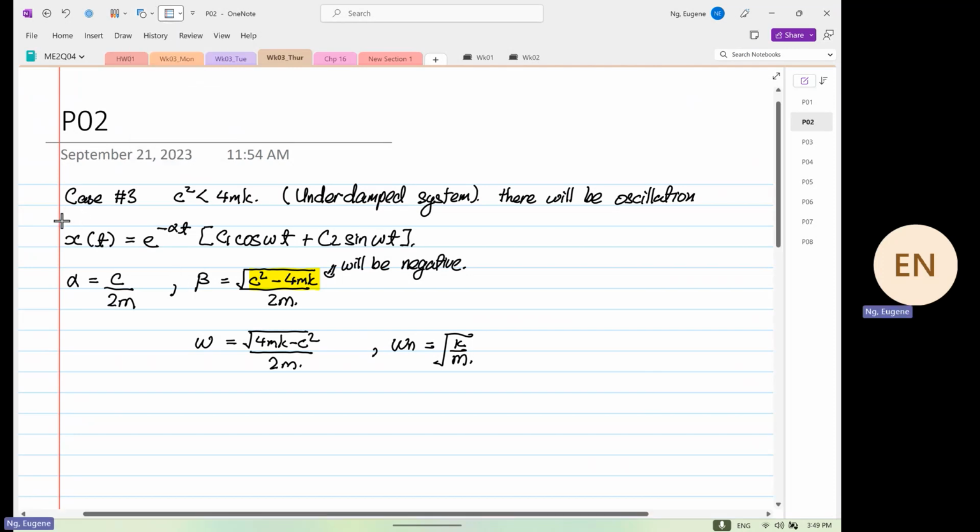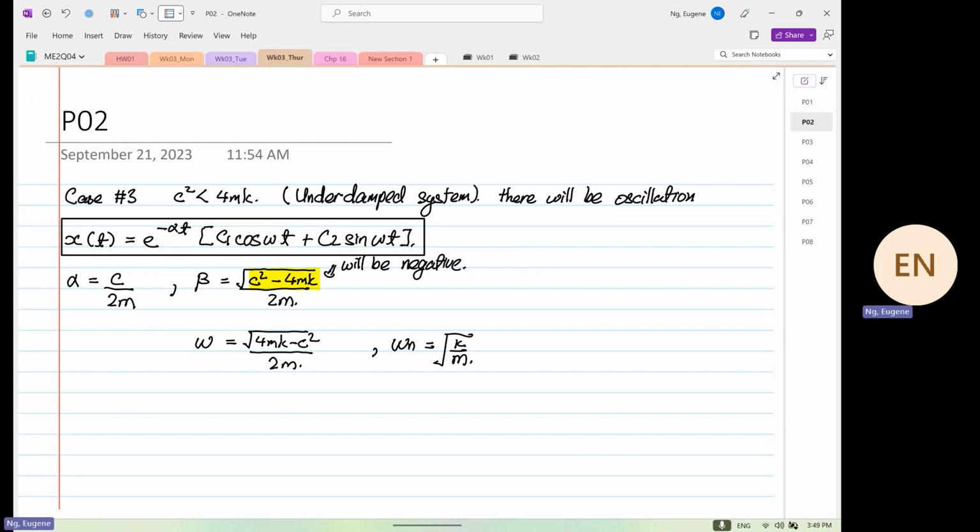So now you have this expression. The reason why we do the flip is so that this can become a positive number. So now we are going to adjust this formula.